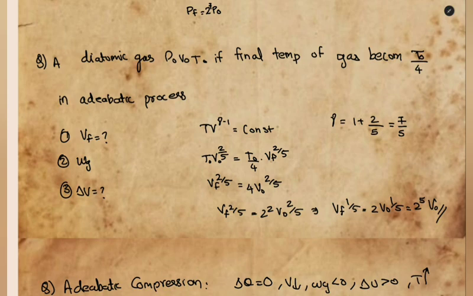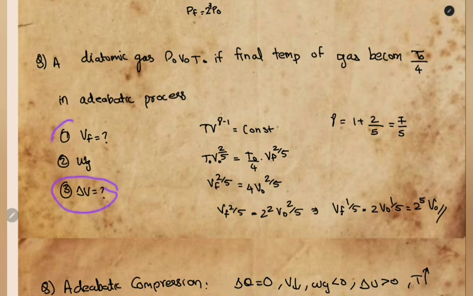You can apply either the formula with T and P, or the formula with T and V. In this case I will choose T and V because it's a pretty simple formula. TV to the power gamma minus 1. So 7 by 5, and if you minus 1 you will get 2 by 5. T naught by 4.